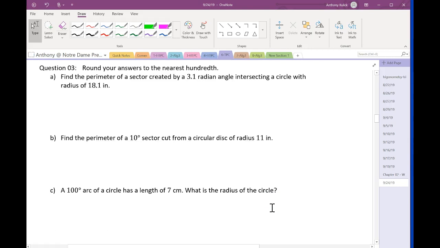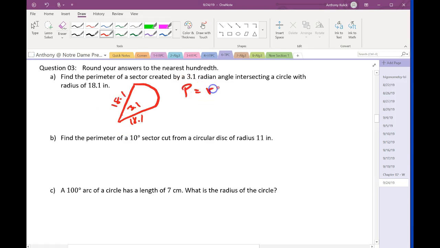It says find the perimeter of a sector created by a 3.1 radian angle intersecting a circle of radius 18.1. A sector is like a slice of pizza. So I have 3.1 radians, and then each of these sides of my sector is a radius of the circle.